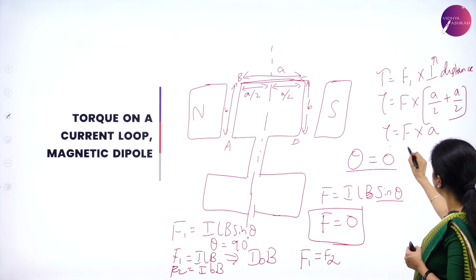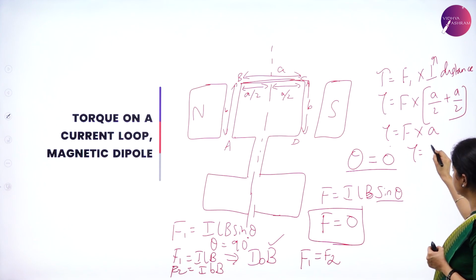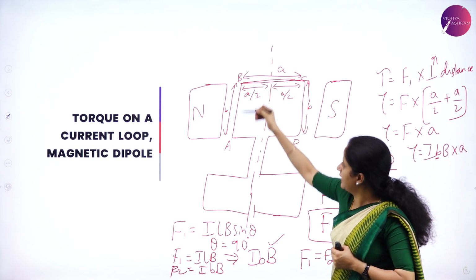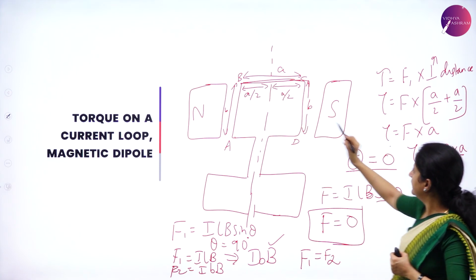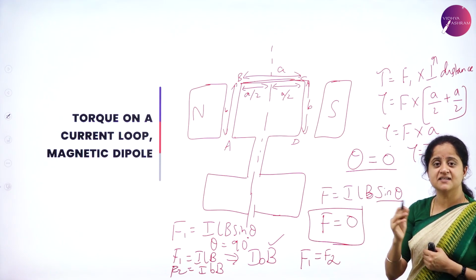But what is F? I'll substitute the magnitude of either of the forces, that is IB into B into A. What is small b? It is the length, and what is A? It is the width of a coil. So length into breadth gives us area.